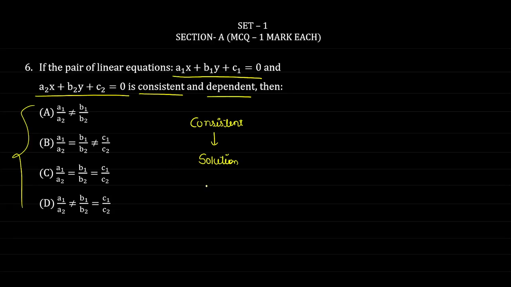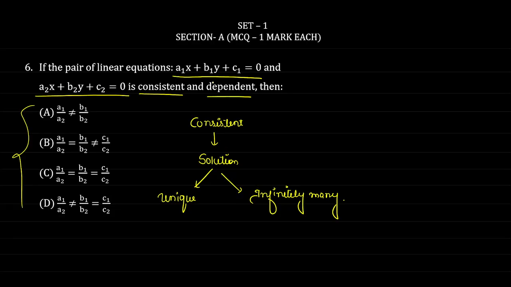Now we have two types of solutions. We have a unique solution and we have infinitely many solutions also. Infinitely many solutions. So consistent can be unique solution also, it can be infinitely many solutions also.